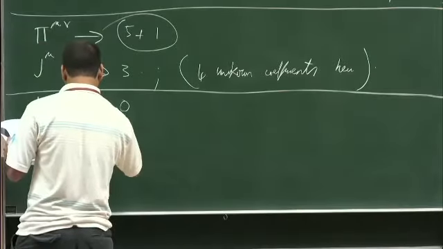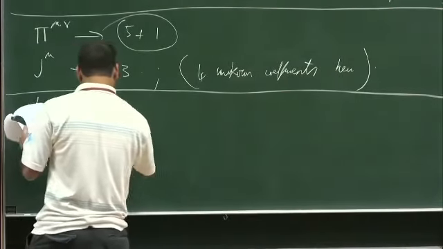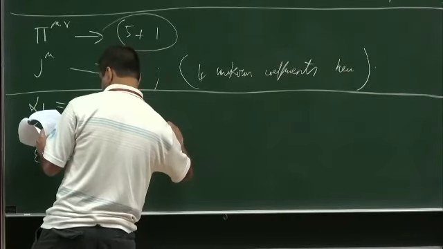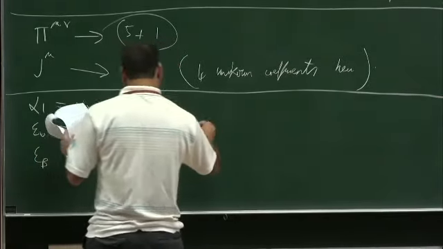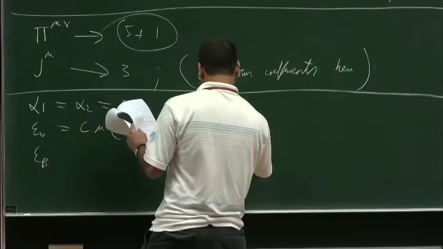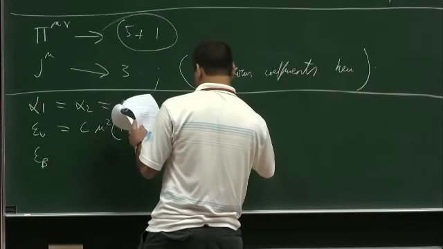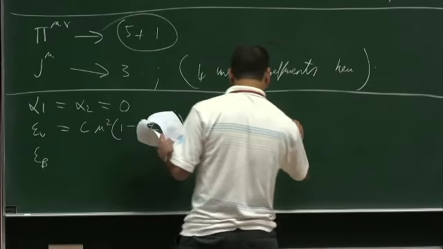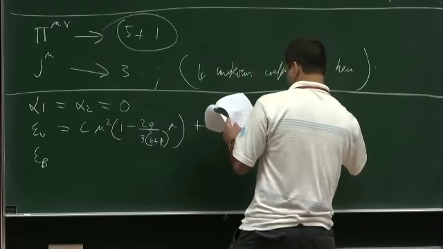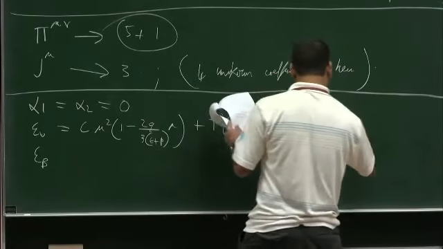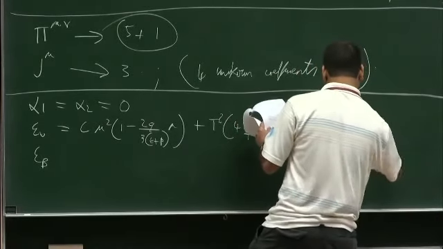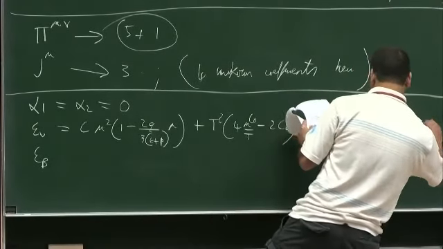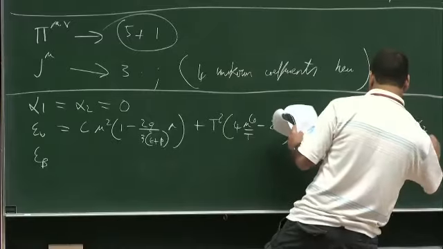It's given by c mu by mu squared, 1 minus 2 q by 3 into epsilon plus p, mu plus t squared into 4 mu by t minus 2 times c0 plus 2c2 minus qt by epsilon plus p, 4 mu by t, the whole thing squared, c0 minus 4 mu by t c2 plus 4 c1.